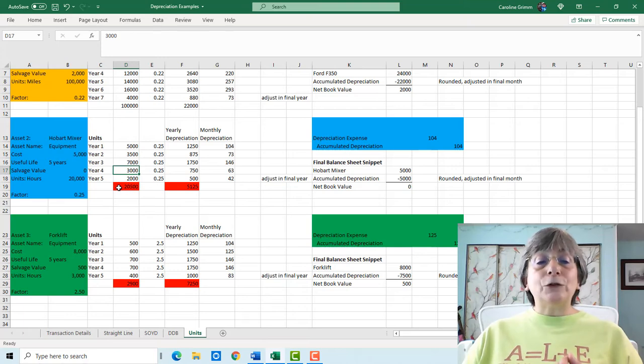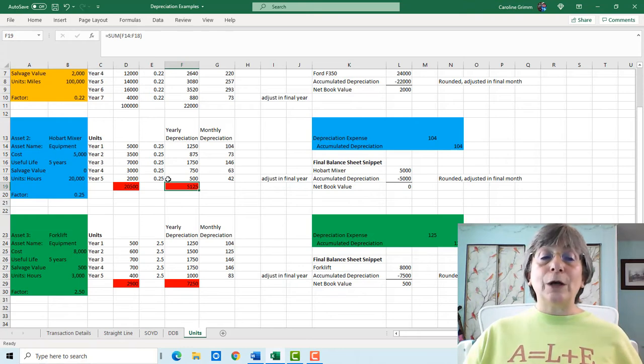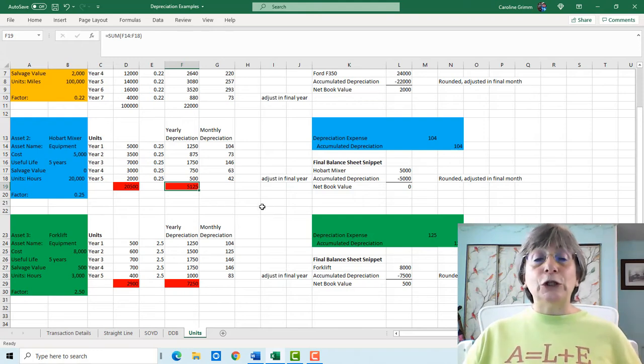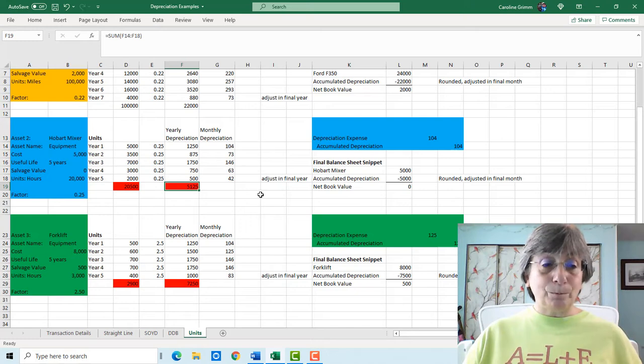So when we get to this last year, we need to make sure that we are not over depreciating this asset. If we did it based on our 2,000 hours at 25 cents per hour, we would end up with a total depreciation of $5,125.